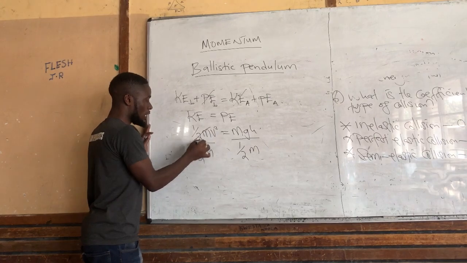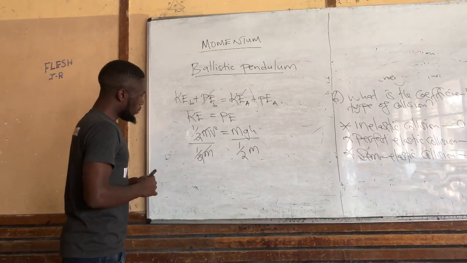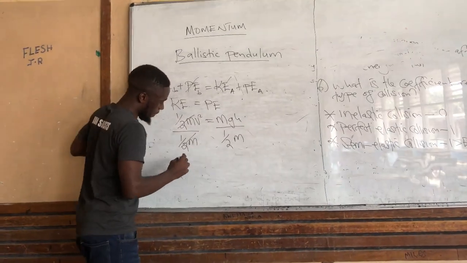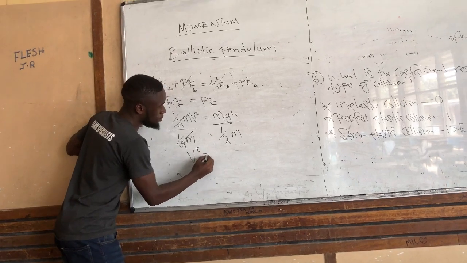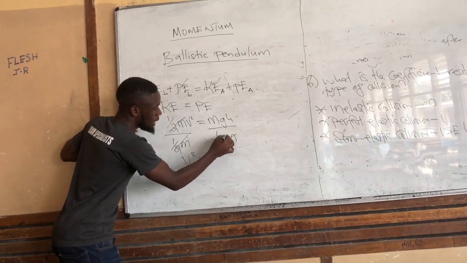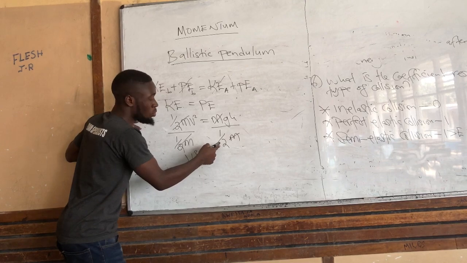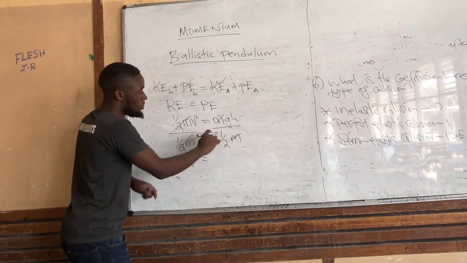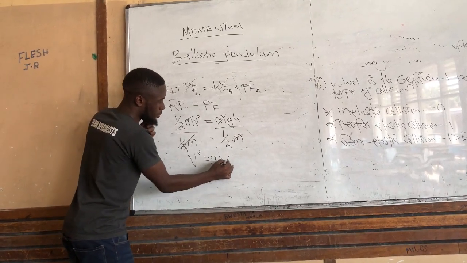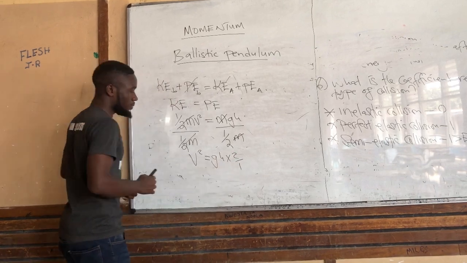So this and this will go, then we'll remain with v squared equals to 2gh, since this one goes up and this one goes down.